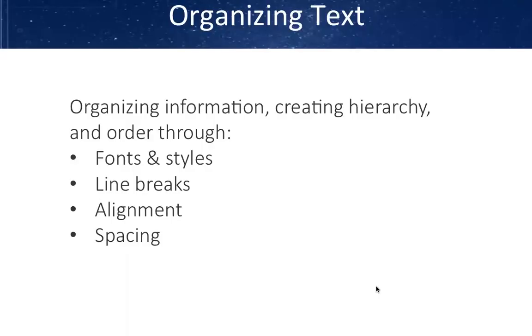When you have some information and text, it's important that you're able to organize it and create some kind of hierarchy and order in that text so that you can control how the audience reads it and what type of information they notice first, second, and third. And you have some powerful tools that you can use to kind of guide the reader through the material. You can use different fonts and styles. You can use line breaks like we've talked about, and alignments and spacing.